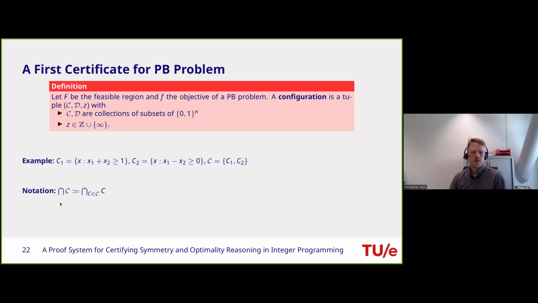And for notational ease, I also want to introduce the intersection of curly C, the intersection of all the core constraints, which means I take all the constraints that live inside this set curly C and compute their intersection. So it is the feasible region induced by all the constraints stored in this set of core constraints, all the binary vectors that satisfy all of these constraints simultaneously.